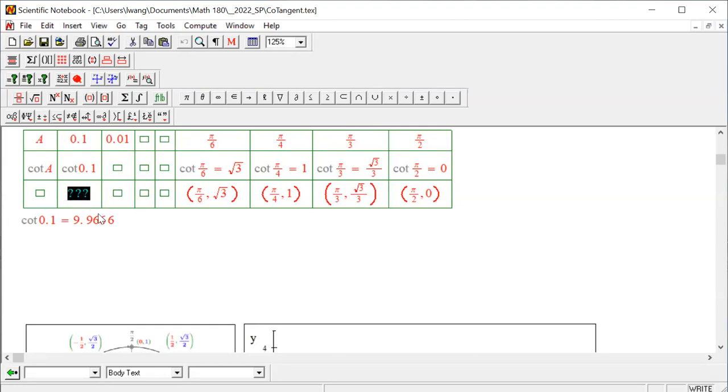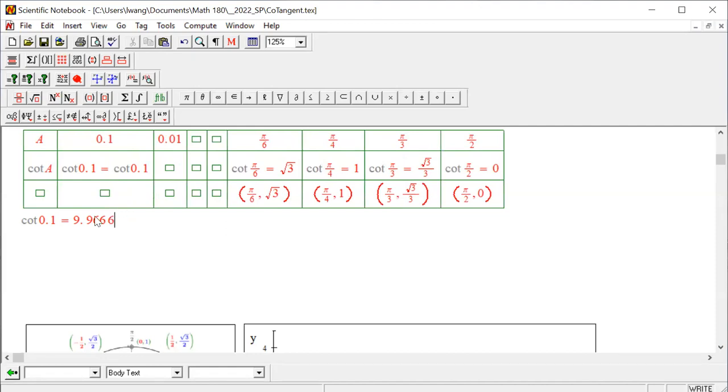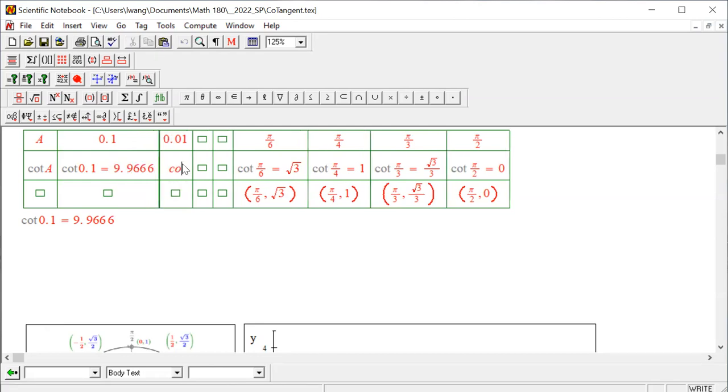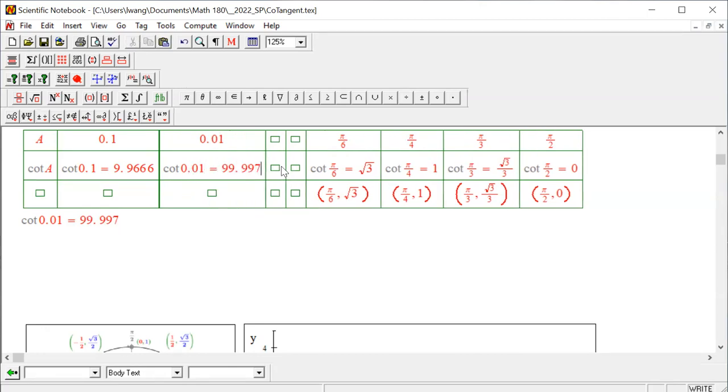That output is even higher, 99.997. So you can see the tendency.